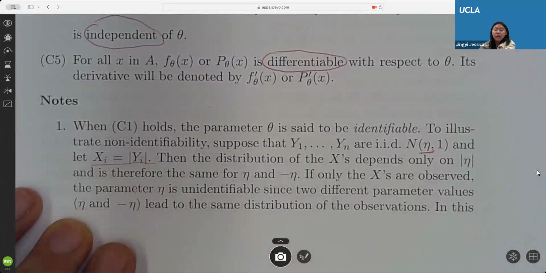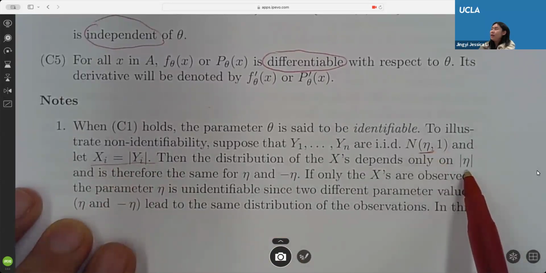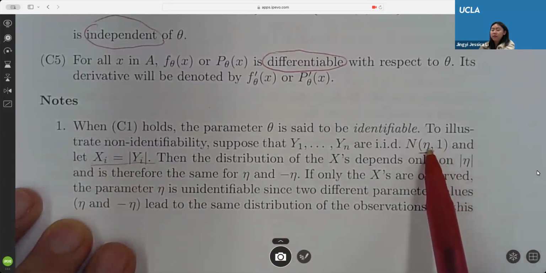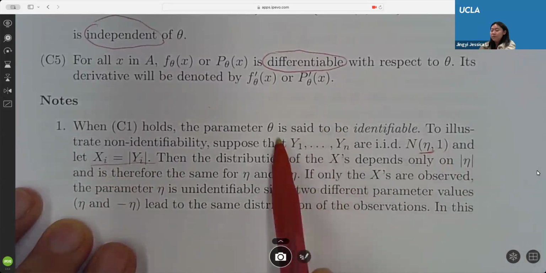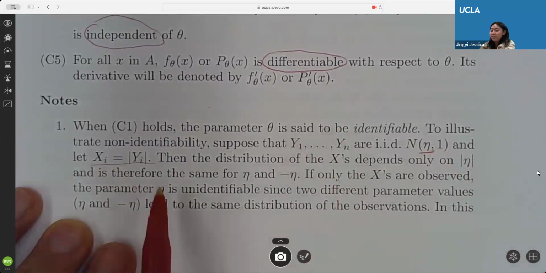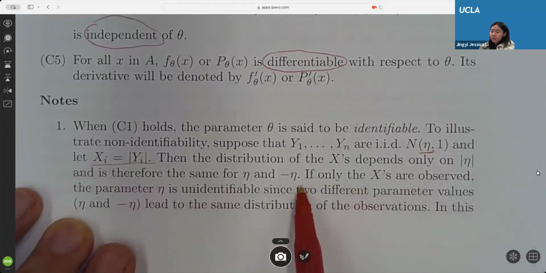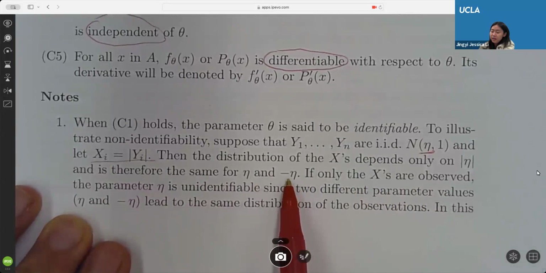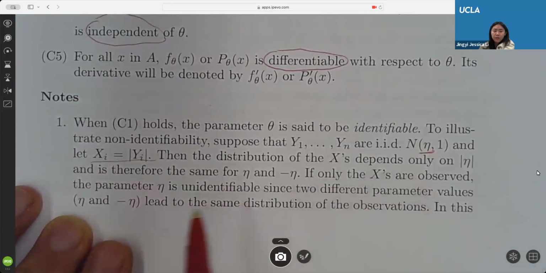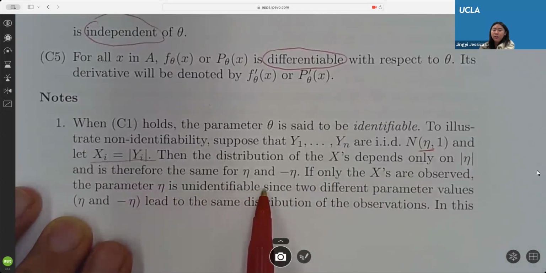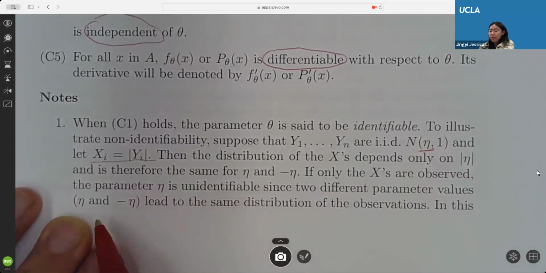So in this case, xi's distribution only depends on the absolute value of eta, not the original value of eta, because you can imagine that by changing eta to negative eta, all the signs of my y1 to yn can be reversed, but xi remains the same, right? So therefore, if only x are observed, then parameter eta is unidentifiable because eta and negative eta will give you the same likelihood value.